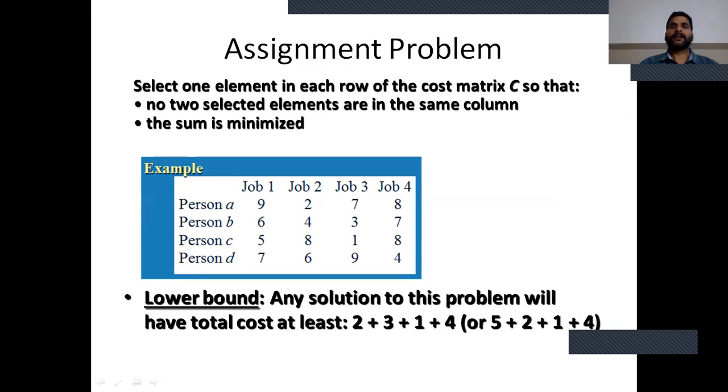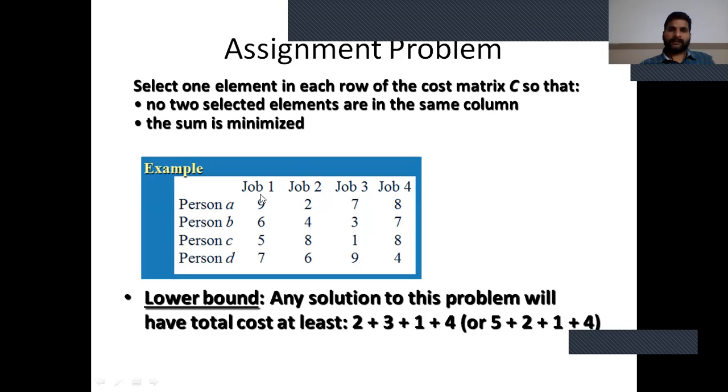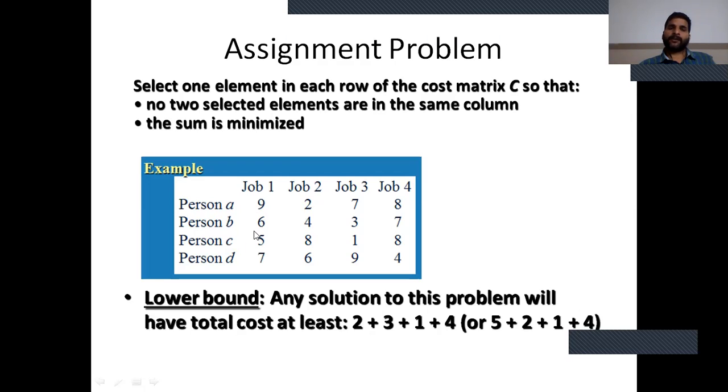According to the example, we select the minimum value of row 1, equal to 2, the minimum value in row 2, equal to 3, the minimum value of row 3, equal to 1, and the minimum value of row 4, equal to 4. The total sum is 2 plus 3 plus 1 plus 4 equal to 10.